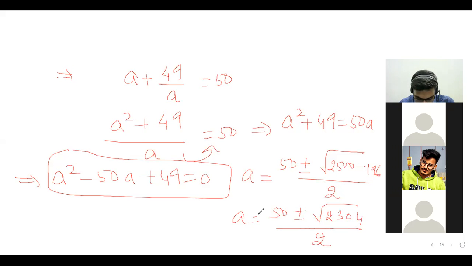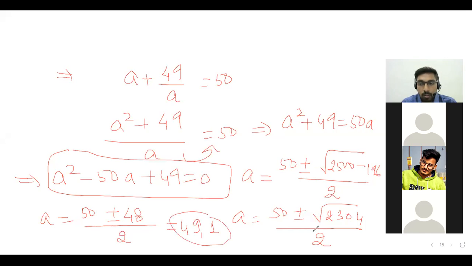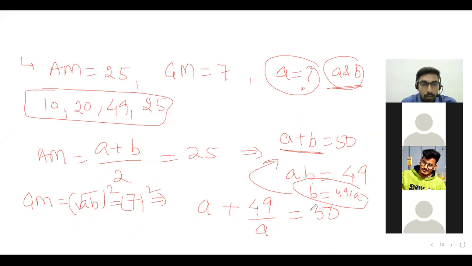And don't worry, this much lengthy calculation will not come in your exam. Okay, divided by 4 and again divided by 4. So A will be basically 5 plus minus 48 divided by 2. So the value of A will be either 49 or 1. So 49 is already given here. So this will be your answer.